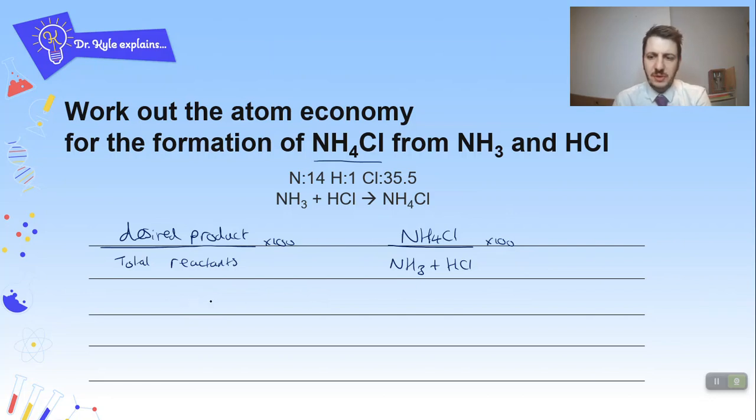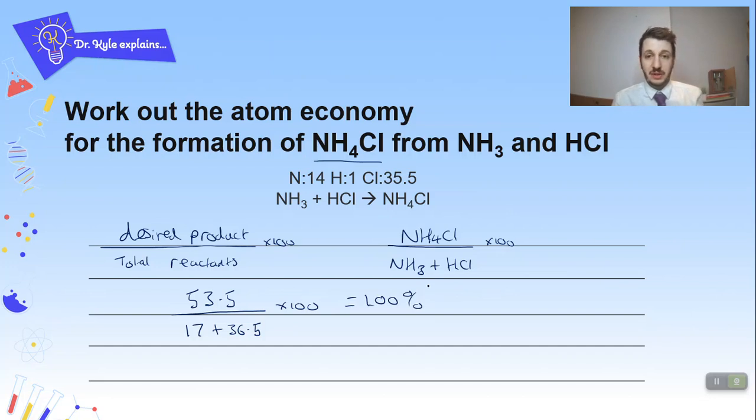NH4Cl, ammonium chloride, is 53.5, over 17, which is ammonia, plus 36.5. In my calculator I go 53.5 over 17 plus 36.5, equals, times 100, and it comes out as 100%.